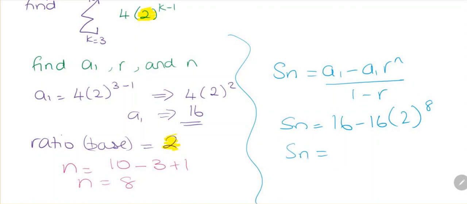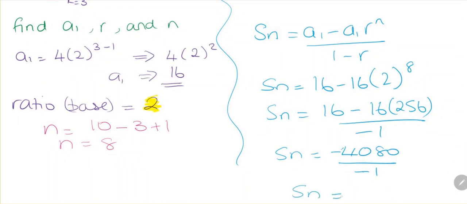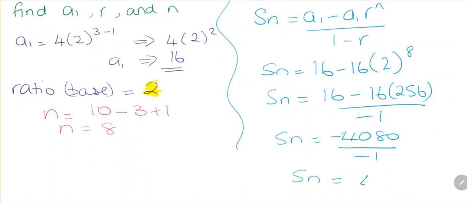So the sum of the numbers, if we work this out, we will have 16 minus 16 times 256 divided by minus 1. So the sum of the numbers is going to be minus 4080 divided by minus 1. The minuses cancel, so we're left with 4080.